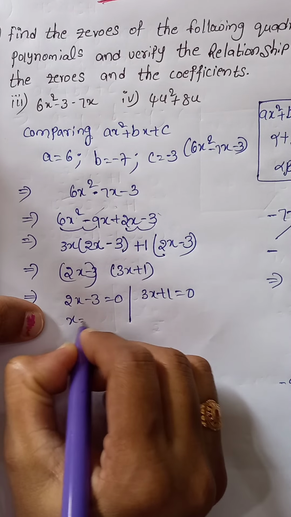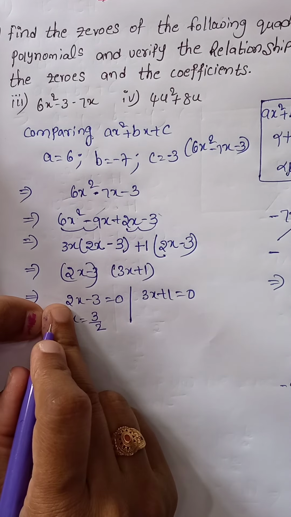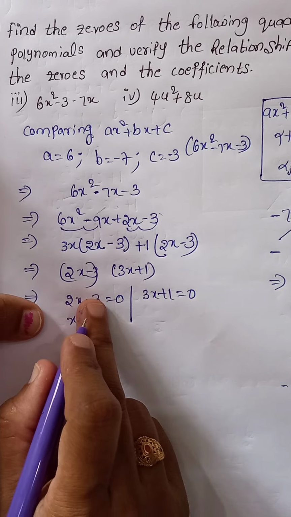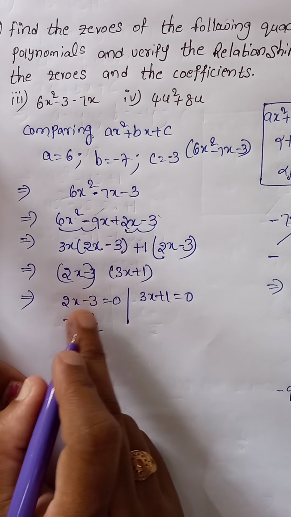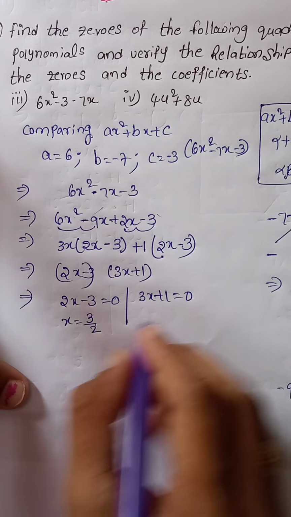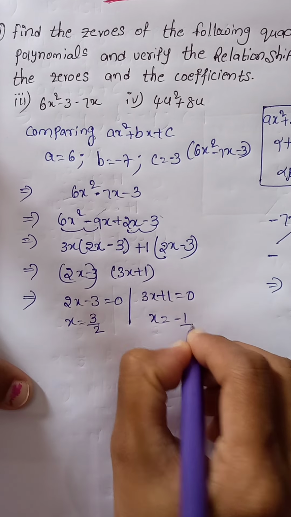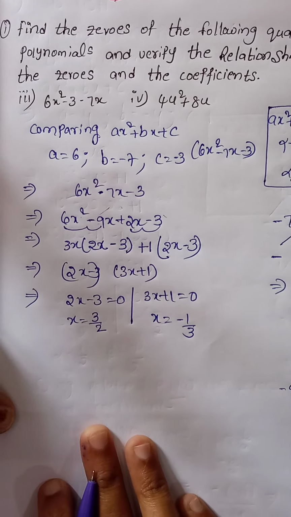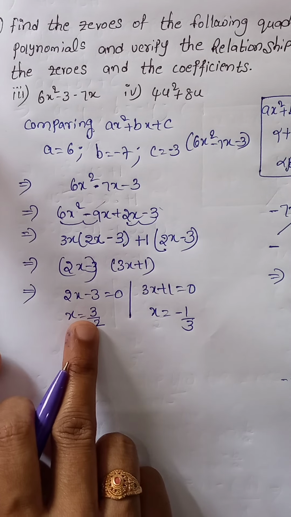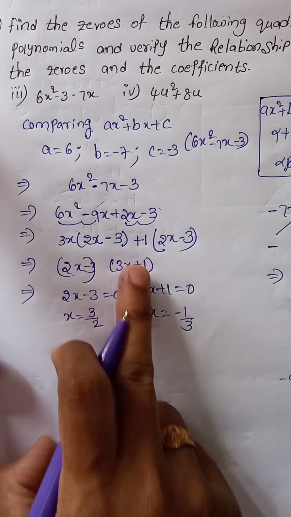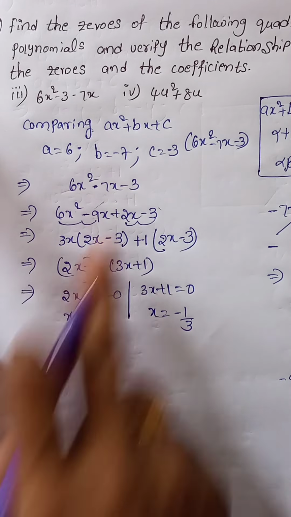Here 2x equal to 3, since minus 3 moves from LHS to RHS as plus 3. X equal to 3 by 2. Here x equal to minus 1 by 3. So 3 by 2 and minus 1 by 3 are the zeros of this given polynomial.